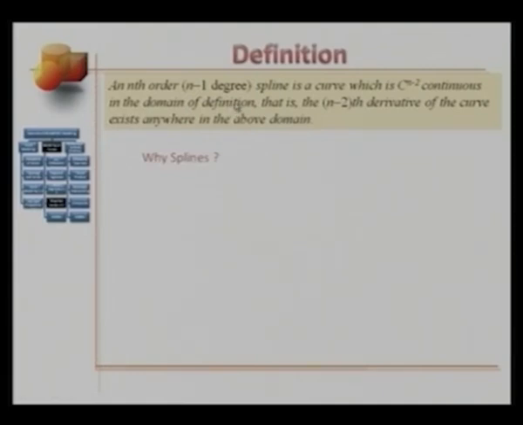The basic question, why splines? Recall our discussion on Bernstein polynomials when we were discussing Bezier segments and composite Bezier curves. We would like to develop basis functions which are very similar to Bernstein polynomials. Let us call those functions psi sub i as a function of parameter t. t here may or may not be restricted to values between 0 and 1.